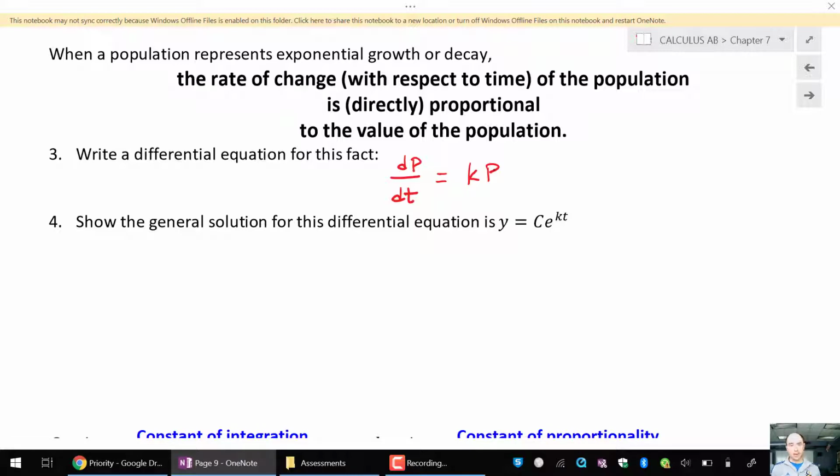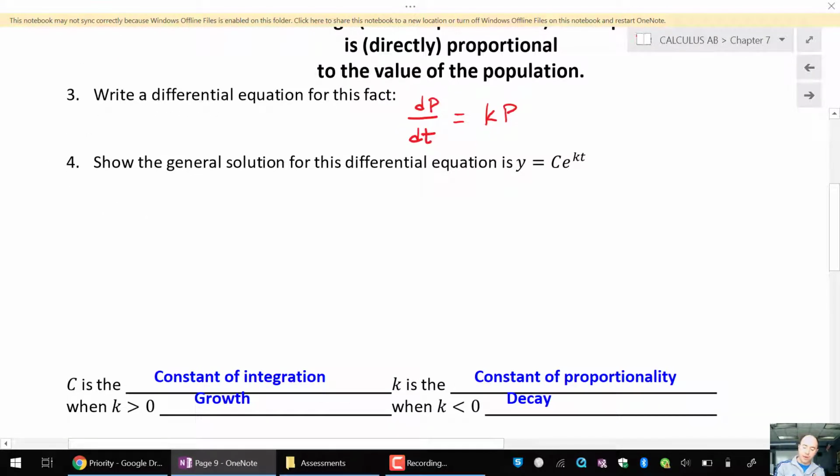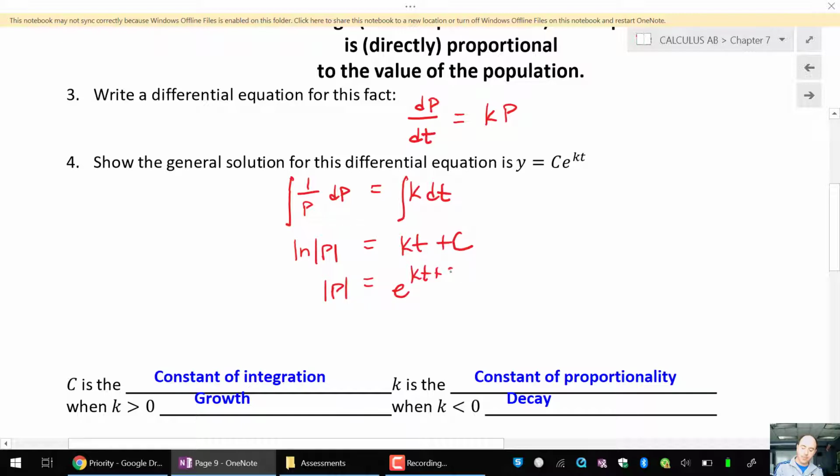Now, let's solve this differential equation. If I separate the variables, and we'll integrate both sides, left and right, so natural log of P equals kt plus C. Solving for P will give me this expression of C e to the k times t, and I can basically write that as population equals C e^(kt).